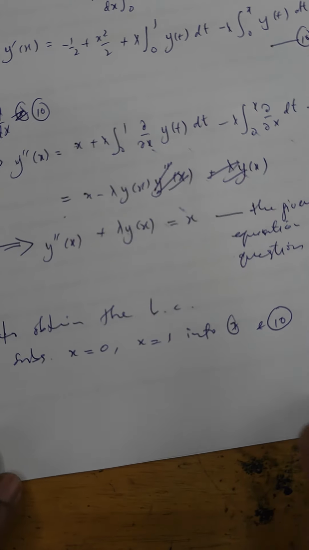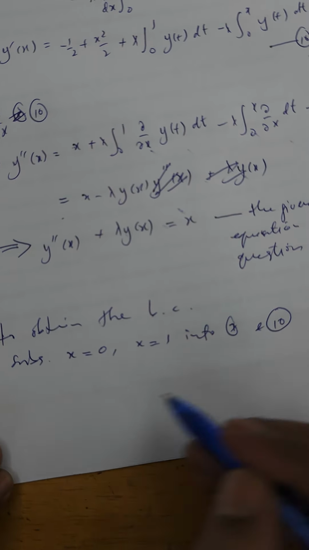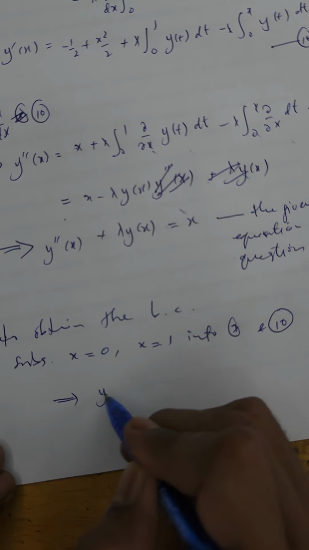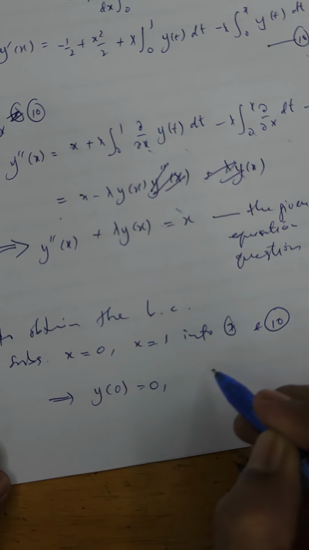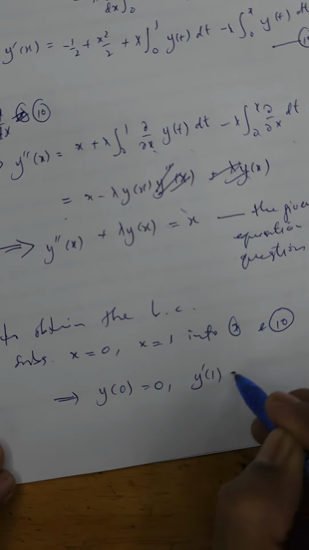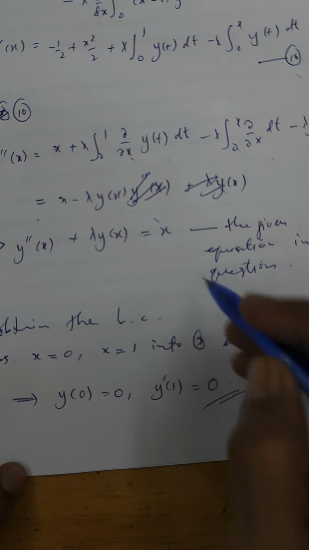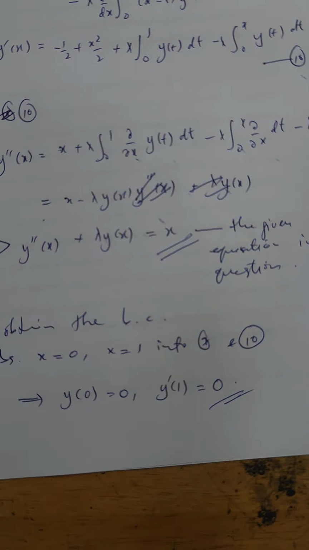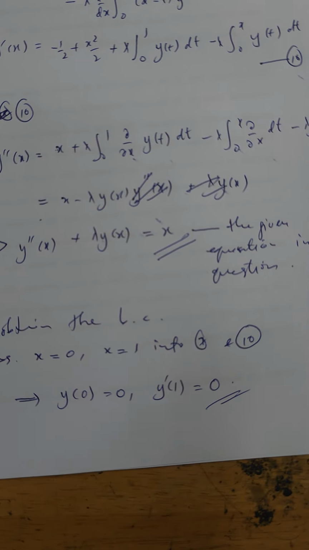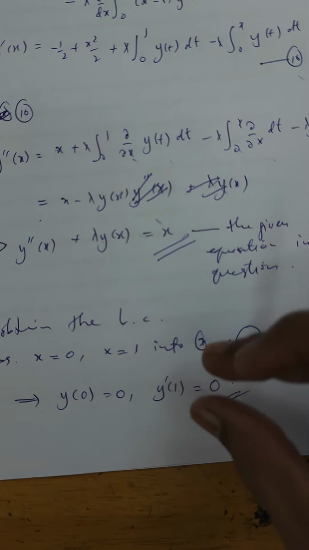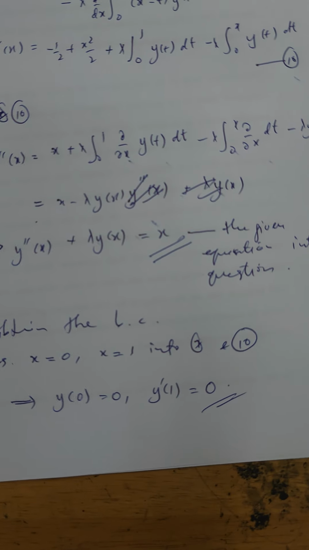All right, then that gives you y(0) equal to 0 and y prime 1 equal to 0. So we obtain the boundary value problem. Okay, we have the equation and we have the condition here.